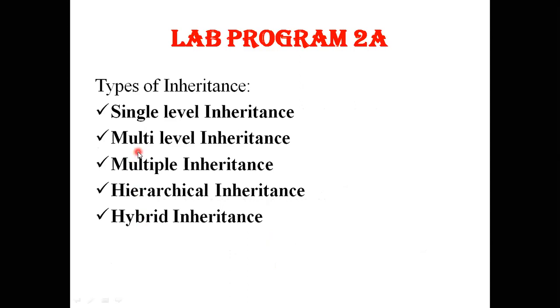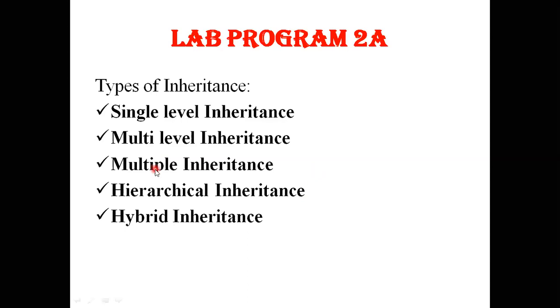What is single level? Single level means there is one child class and one parent class. Simple as it is. Multi-level: suppose a child is inheriting the properties of a parent class, and that parent is a derived class of another base class. So we have multiple levels.